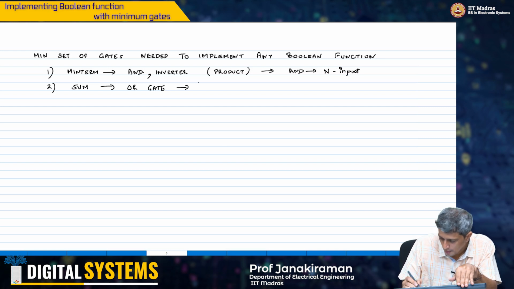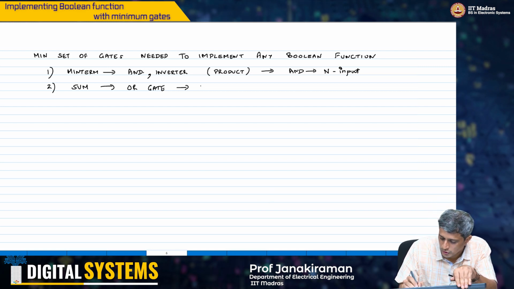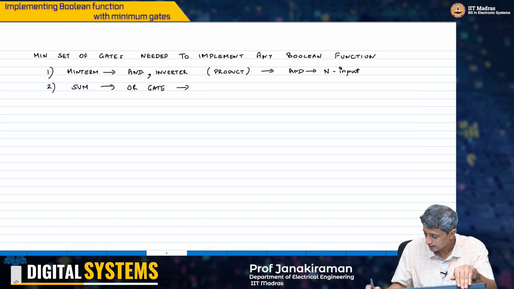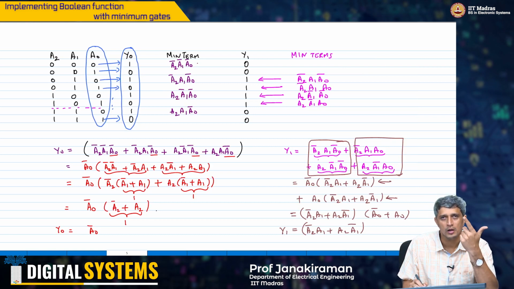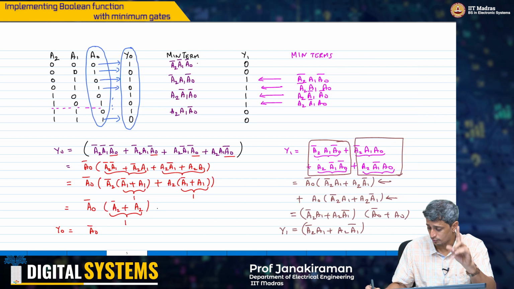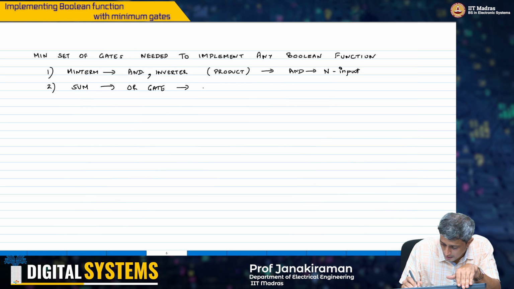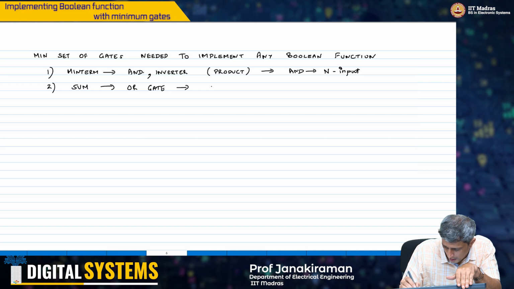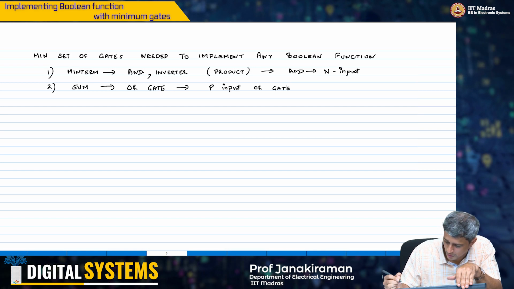Okay. On the other hand, the OR gate, how many input OR gate do you need? It is basically as many as there are minterms, as many as there are ones in your output, right? This is without Boolean simplification. Again, I'd like to stress on that fact, right? So therefore, the OR gate, let's say I've used P input OR gate, right?